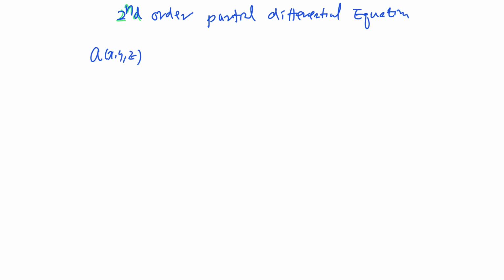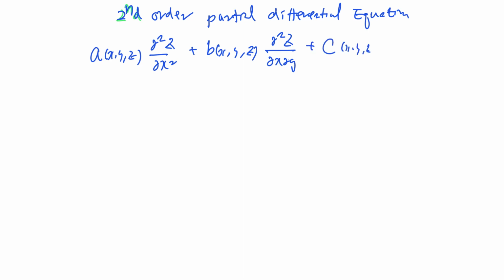a(x,y,z) partial squared z partial x squared, plus b(x,y,z) partial squared z partial x partial y, plus c(x,y,z) partial squared z partial y squared, is some function f of x, y, z, partial z partial x, partial z partial y.